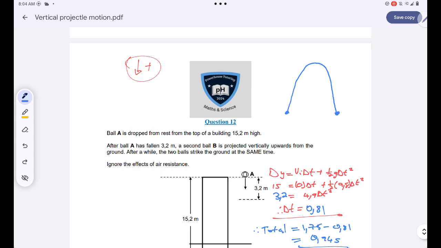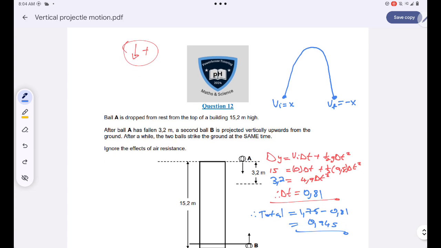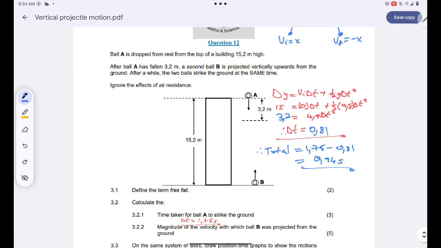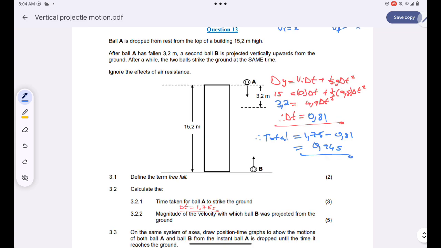The total time it will take is 0.94 seconds. If the initial velocity of ball B is x, the final velocity will be negative x. Now they want us to find the value of x, which is the magnitude of the velocity.